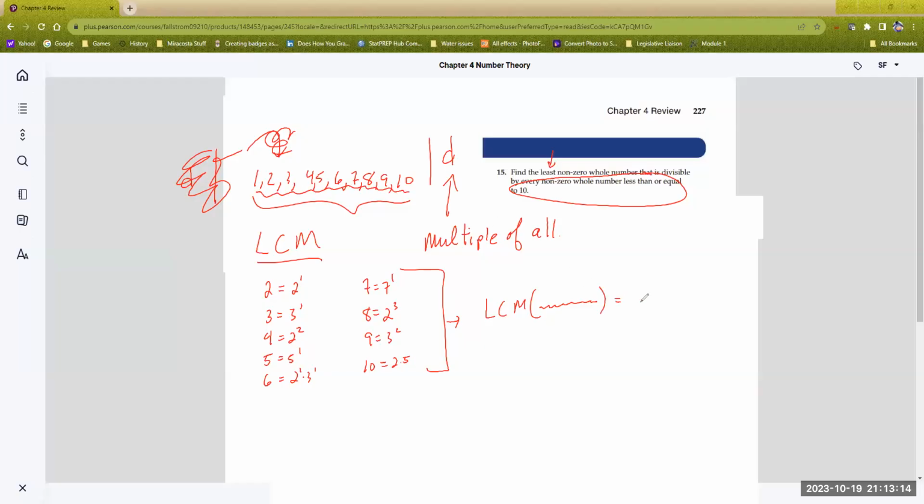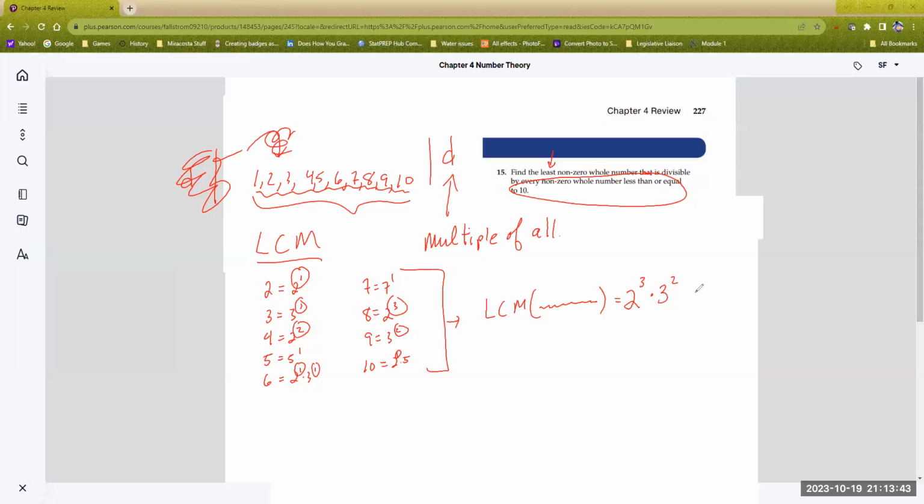For the LCM of all those things, I'm going to choose the highest exponent for each of the primes. When I look at 2, there's 2 to the 1, 2 squared, 2 cubed, so it has to be 2 to the 3. For the 3s, there's a 1, a 1, and a 2, so I choose the largest, which is 2.